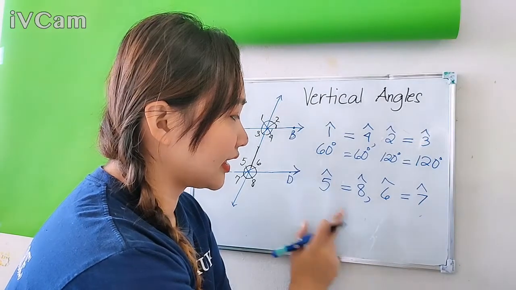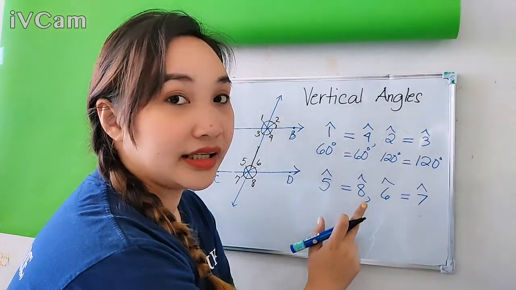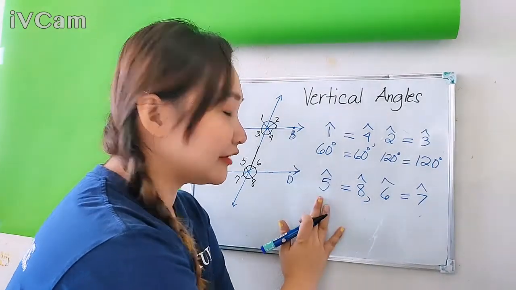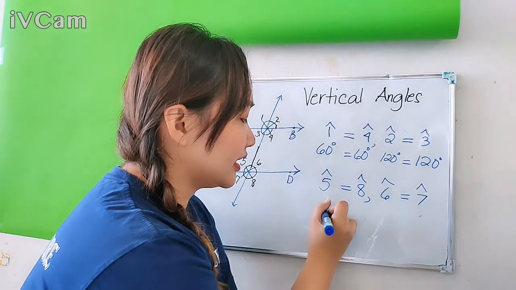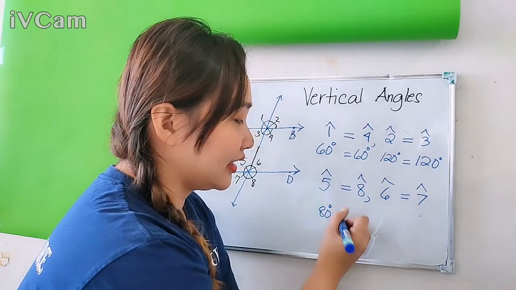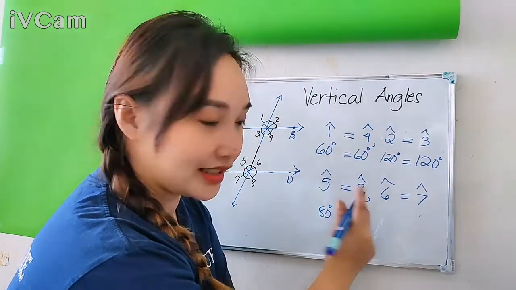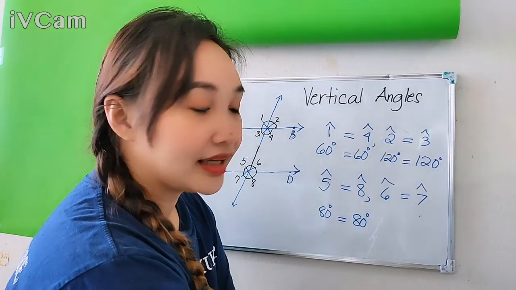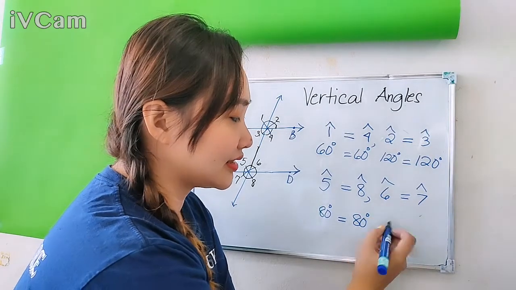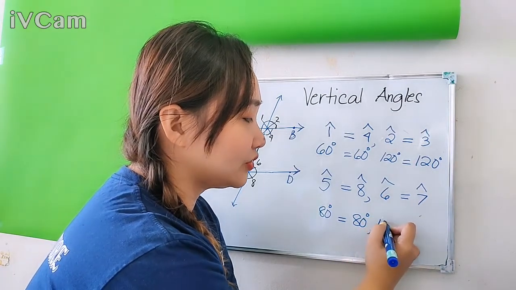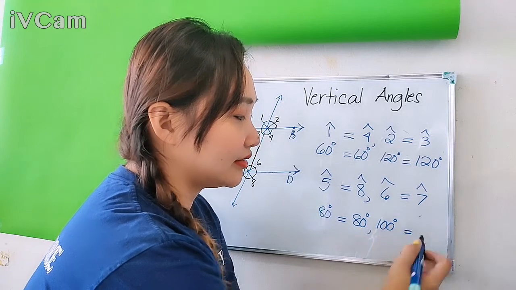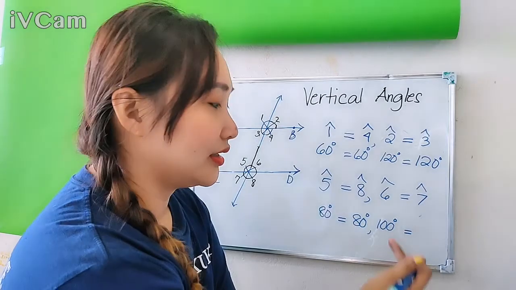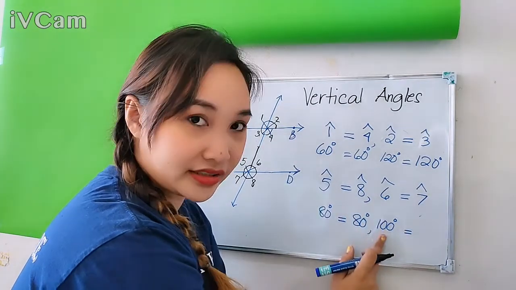If angle 5 here is 80 degrees, therefore angle 8 is also 80 degrees. Then angle 6, that is equal to 100. This is vertical angle equal. So angle 6 is 100 degrees, therefore angle 7 is also 100 degrees. Alright, so that's it, right?